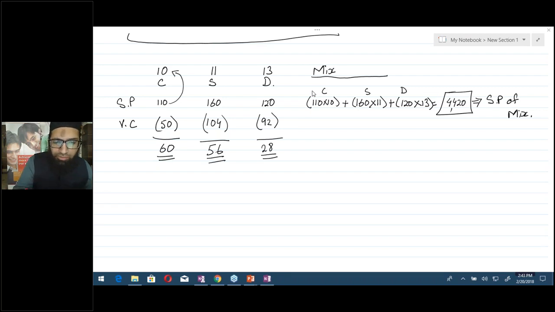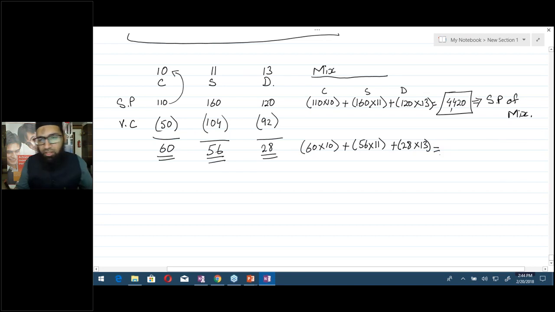Now for mix, I will do the same that I had done with the selling price. So it will be 60 into 10 plus 56 into 11 plus 28 into 13. The answer will be how much? Anybody? 1450.